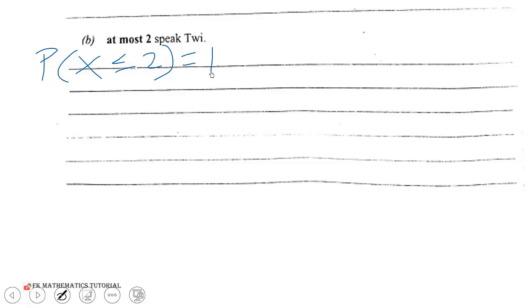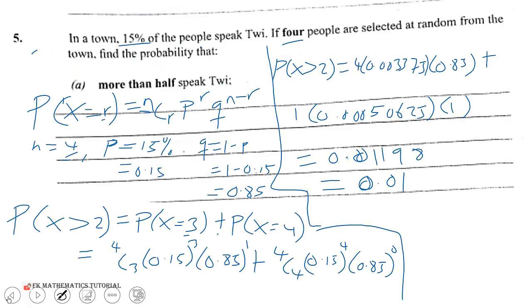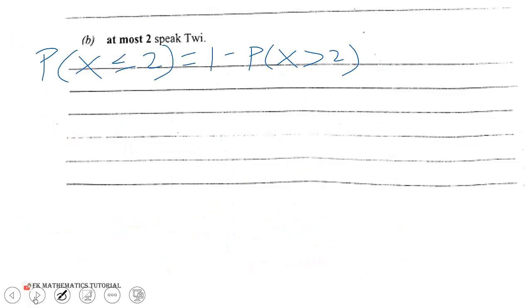So this will be equal to 1 minus the probability of X greater than 2, which we found earlier to be equal to 0.01. So this will be equal to 1 minus 0.01. And when we evaluate this, we get 0.99.